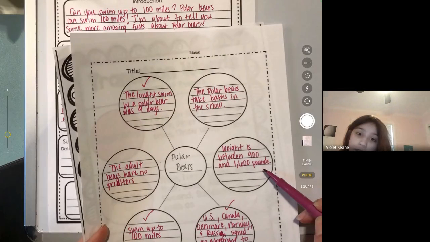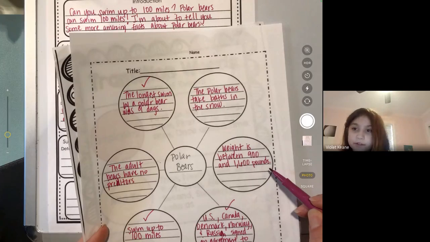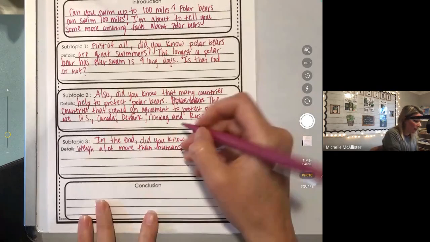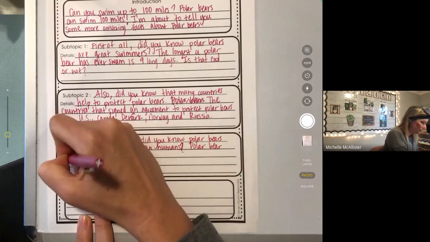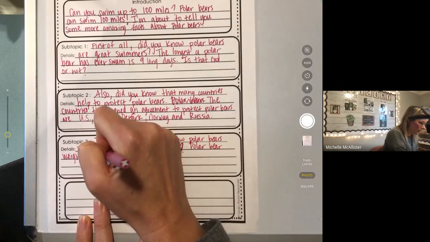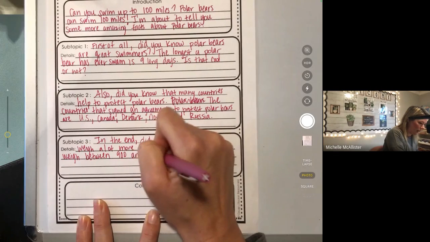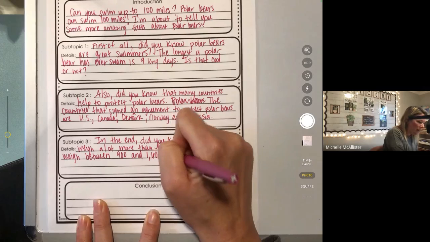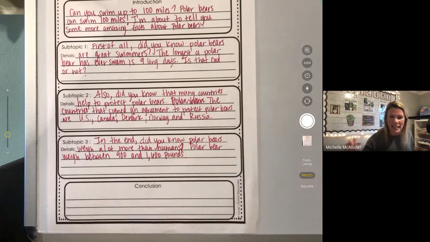Okay, polar bears what? Polar bear's weight is between 900 and 1,600 pounds. Good, I like that. Okay, polar bears weigh between 900 and 1,600 pounds. And then I might add a little sentence after that, like, isn't that amazing? Or can you believe it?